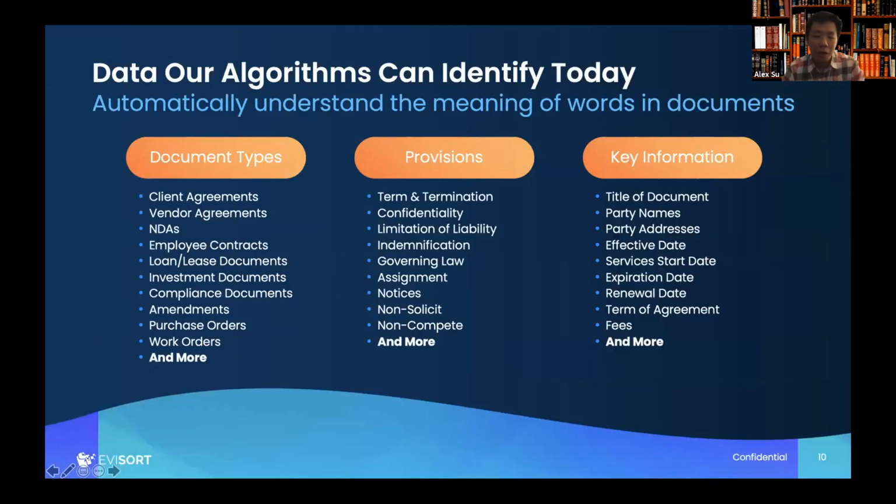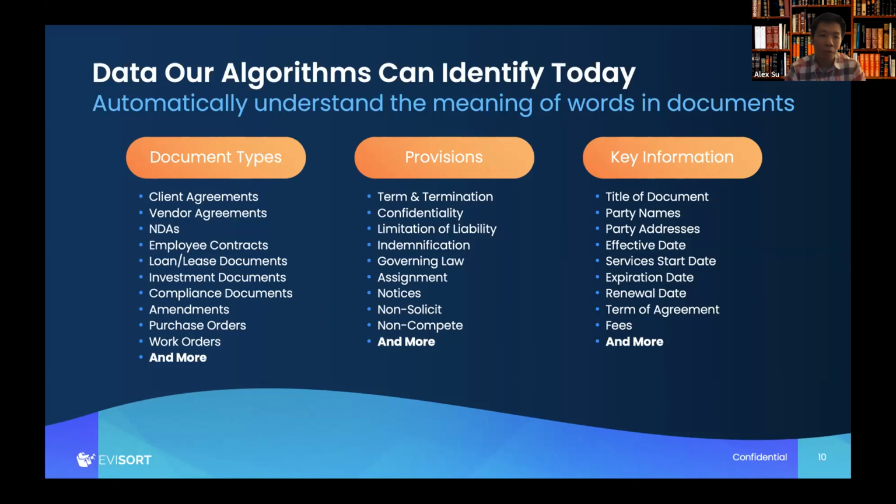There's a lot of information that we pick up automatically. This is just a quick overview of it. You can see there's more than this itself. It's not just provisions and key information, which we call metadata. It's not just dates, party names, and key provisions. We're also able to detect the type of contract, which can be important if you want to segregate, for example, your NDAs. You want to look at what you've agreed to in the past on your NDAs, your employment contracts.